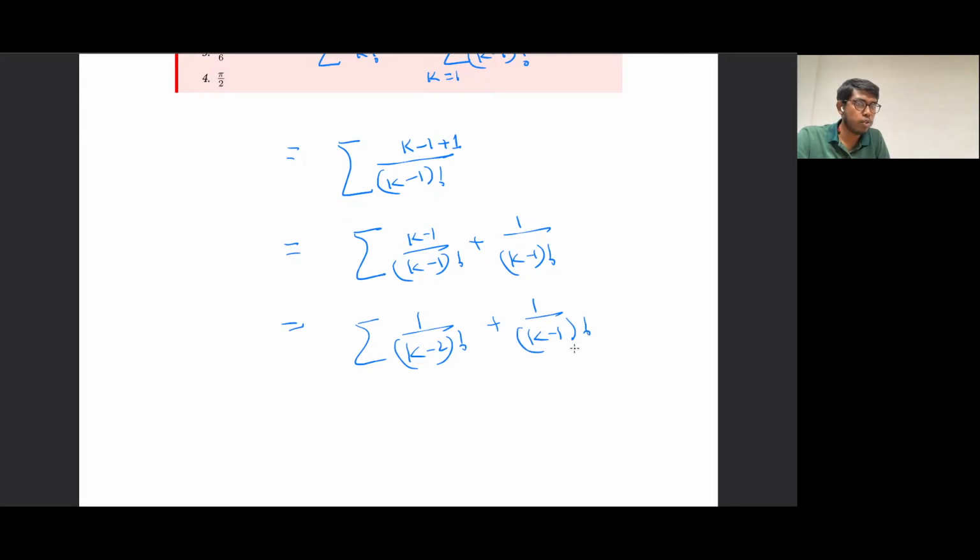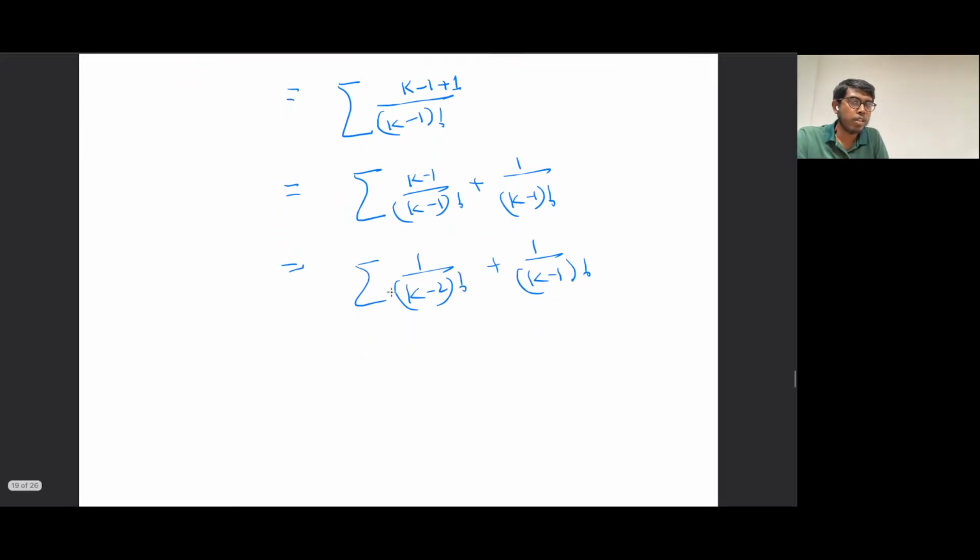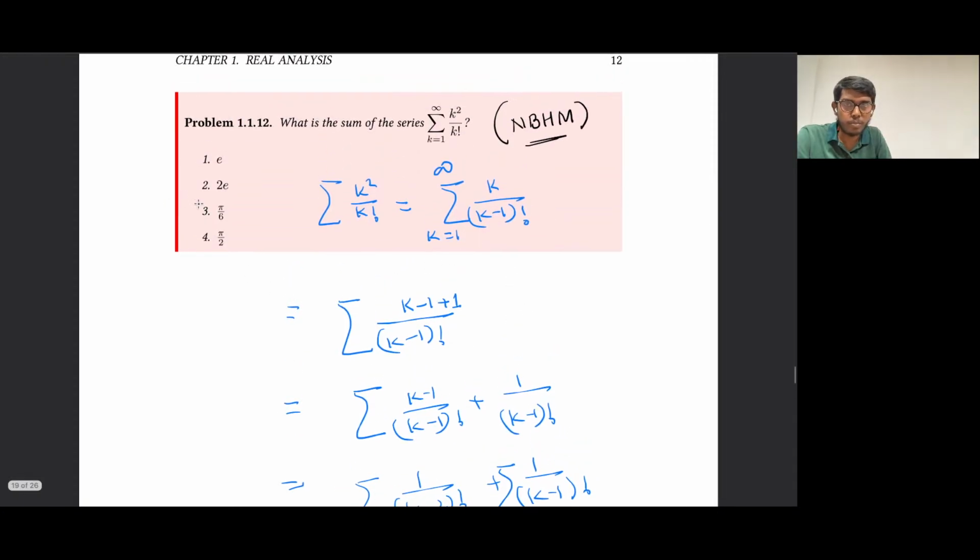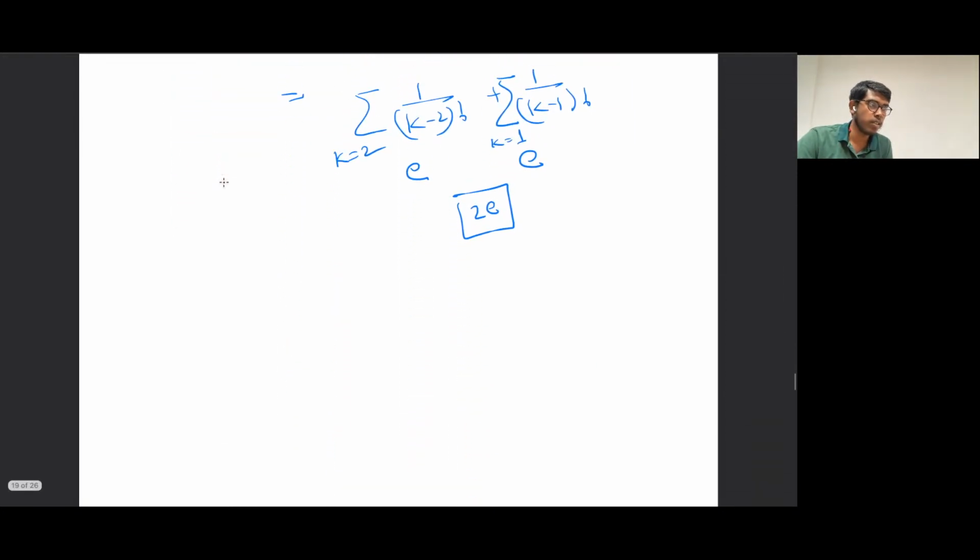Now we know that both series are convergent, so I can just take the series as this, and this is equal to e, and this is equal to e. Here it starts from 2 and here from 1, and therefore we have 2e. Okay, so this was an easy problem, 2e. Clear to everyone? So we can proceed to the next problem, problem number 13.